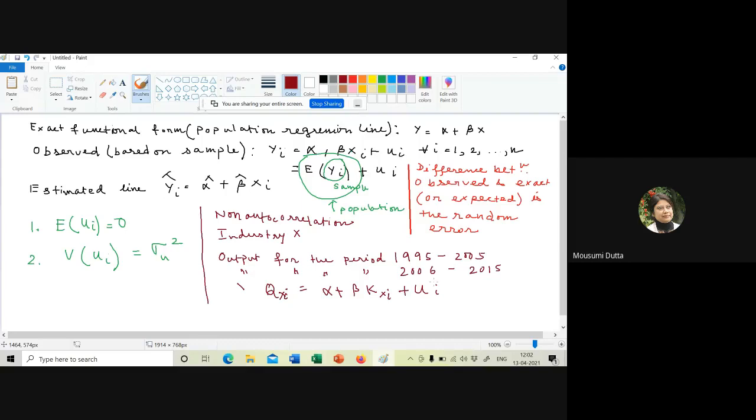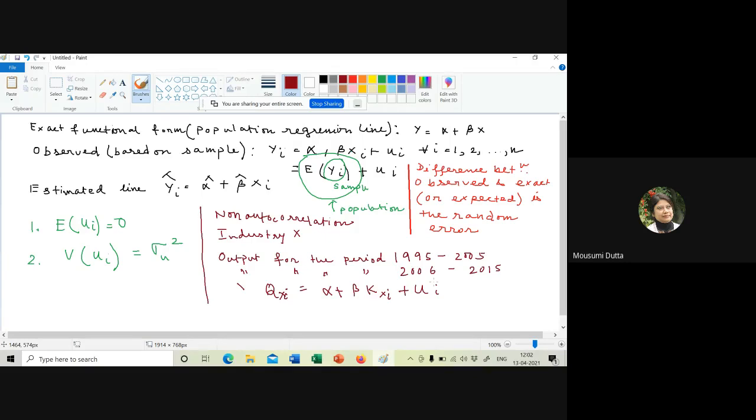However, there are, say, 15 very important factors which have an important role in explaining the output of the X industry. So the effect of all these 15 components is there in the error term.